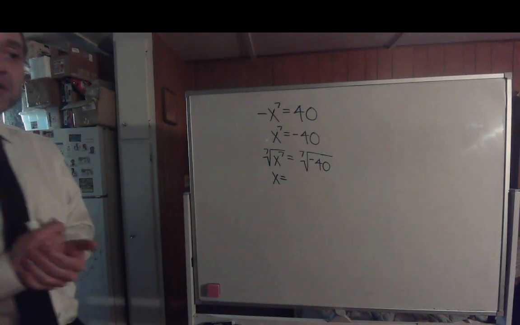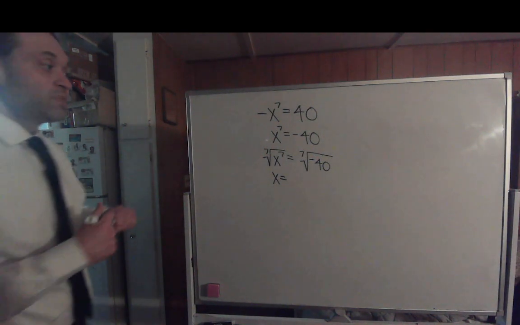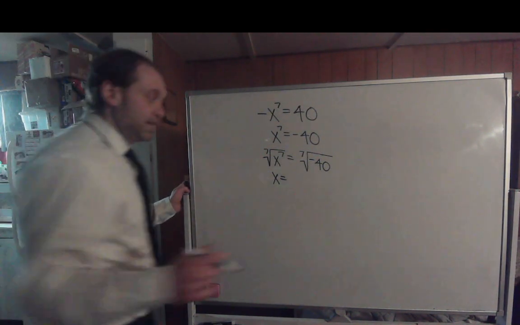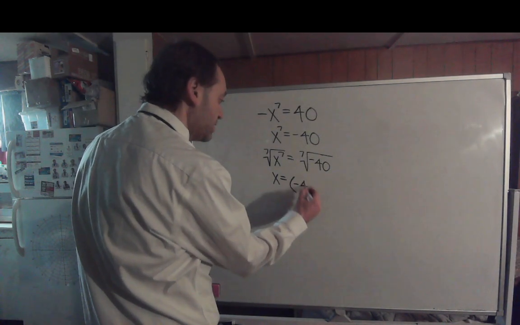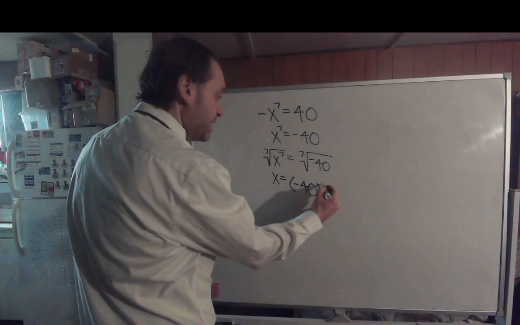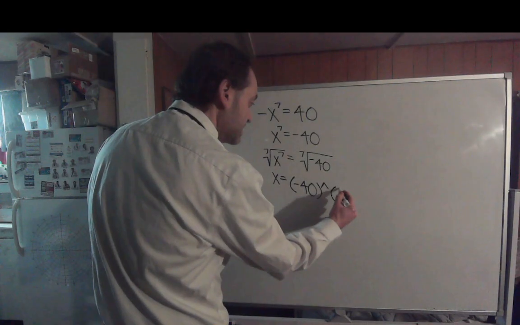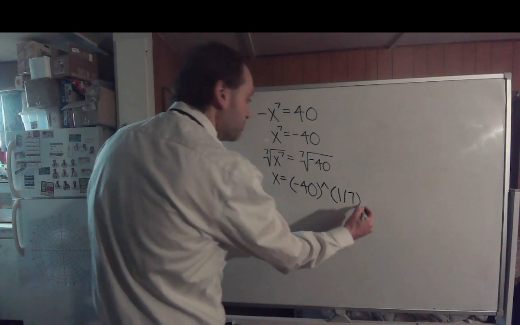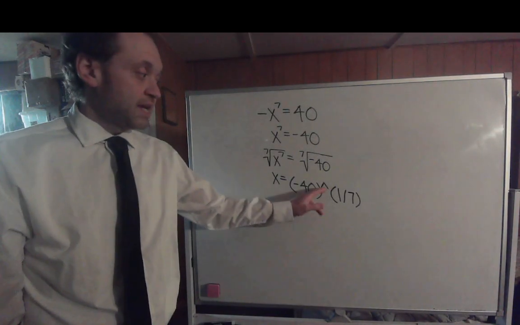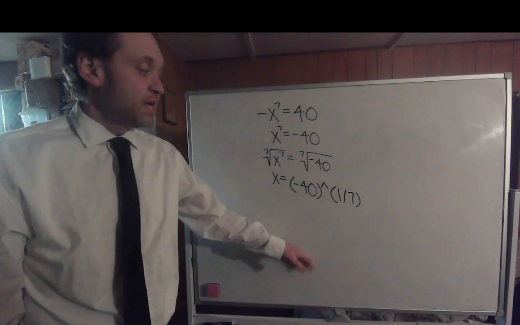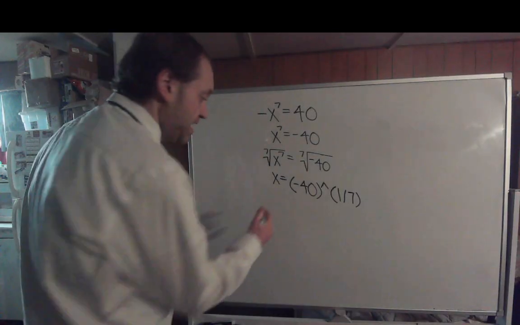Now, most calculators only go up to square root, maybe cube root if you're lucky. How you're going to have to put this in your calculator is in parentheses negative 40 with the caret symbol, and then in another set of parentheses 1/7. That's how you would solve that.